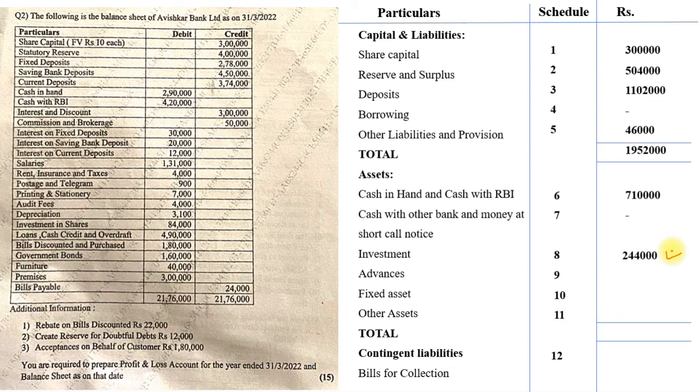The next thing we need to note down is our advances. Now let us check what all advances are given. I can see loan is given, bill discounted is given, and remember from advances, the RDD, whatever doubtful debts were created, will always get subtracted.